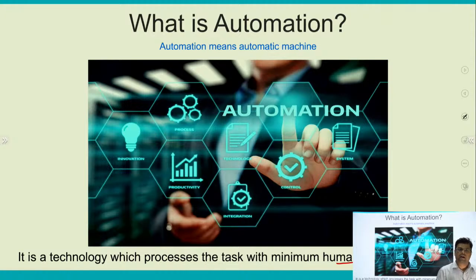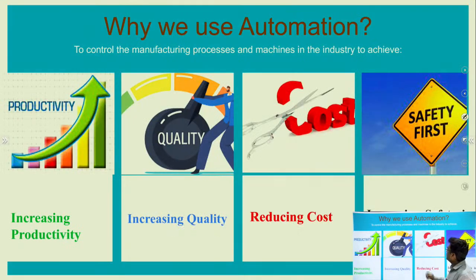So basically I will cover here the introduction to the industrial automation system, where it is used. So automation means automatic machines which reduce human interference. So why do we use automation?